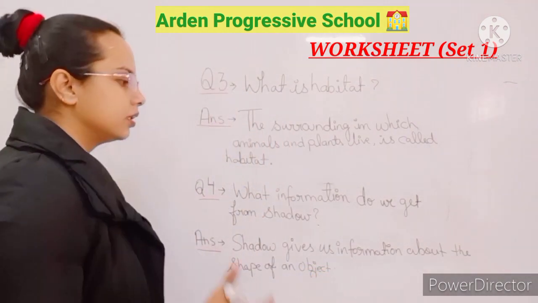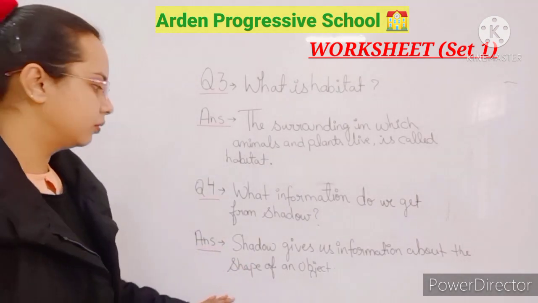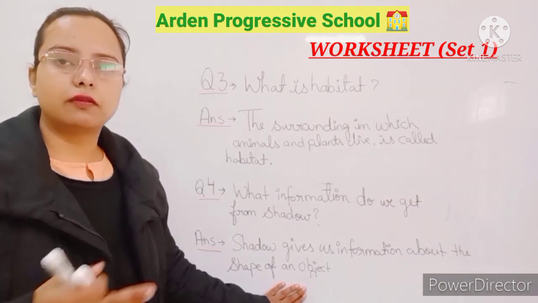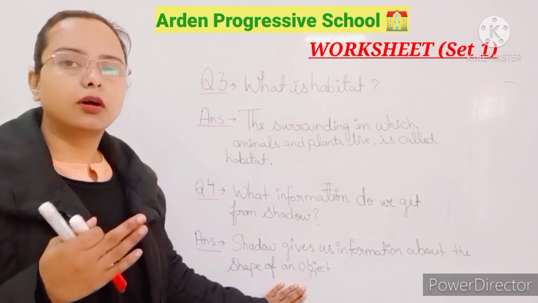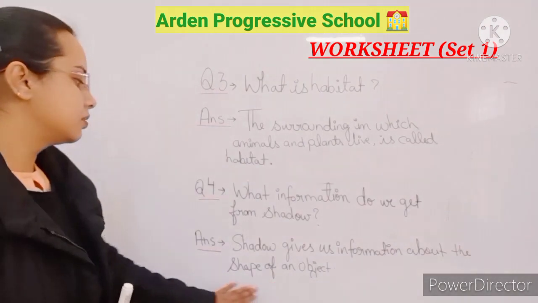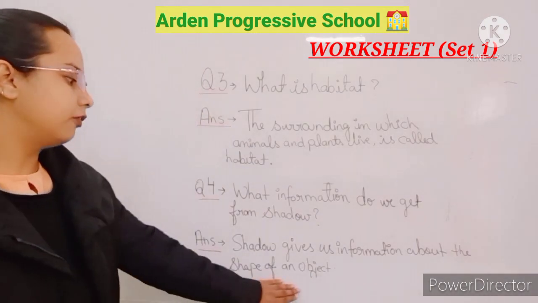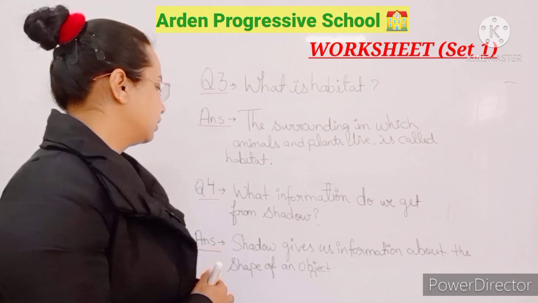When we see the shadow, we will see the shape. When we see the shape of the shadow, then we can tell what type of object it is. So the shadow gives us information about the shape of an object. Now your next question.